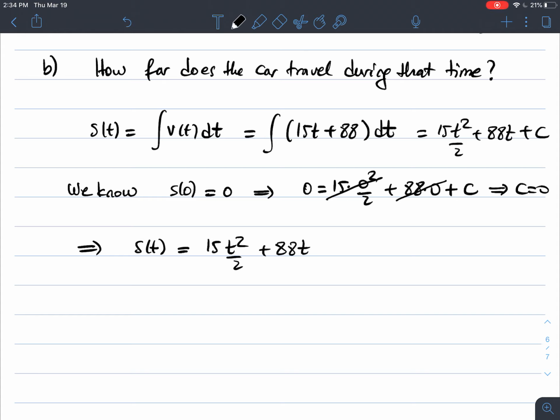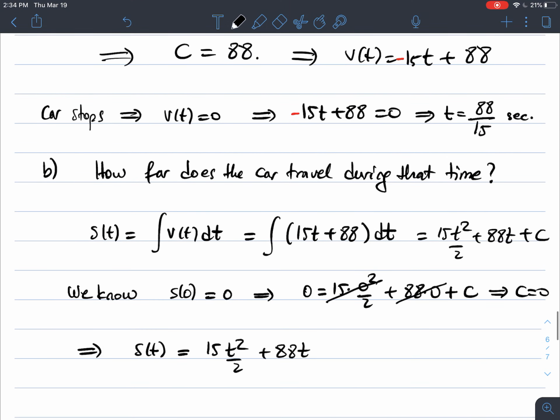And now to find how far the car travels, we just have to plug in 88 over 15, this quantity here, into the position function. So let's do that.